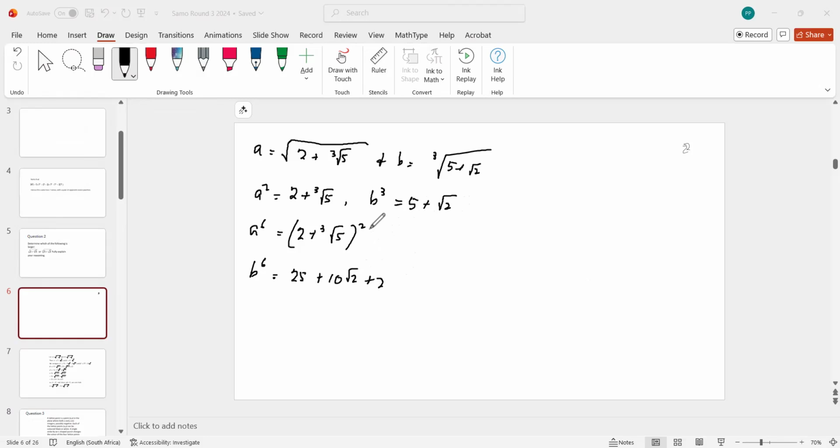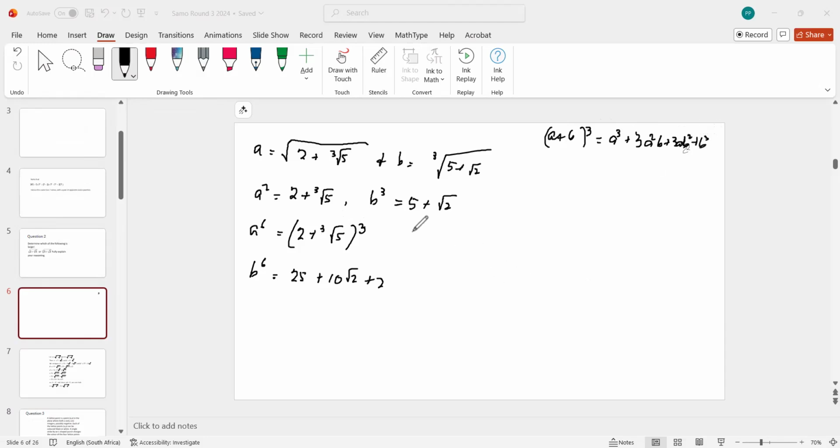Oh, I should have been cubing this thing. Yeah. Now, how do you cube a sum of two numbers? There is a general formula for that. A plus b all cubed is a cubed plus 3a squared b plus 3ab squared plus b cubed.